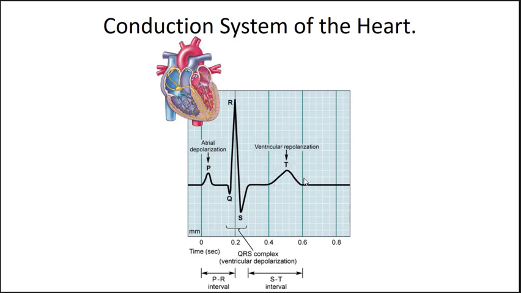Then finally we have the T wave, and the T wave represents the repolarization of the ventricles or returning to their resting state. So we have depolarization occurring throughout here, then we have depolarization occurring throughout here. We have, then of course, the atria will have to repolarize, and that's hidden in the QRS wave, and the ventricles afterwards will also have to repolarize.